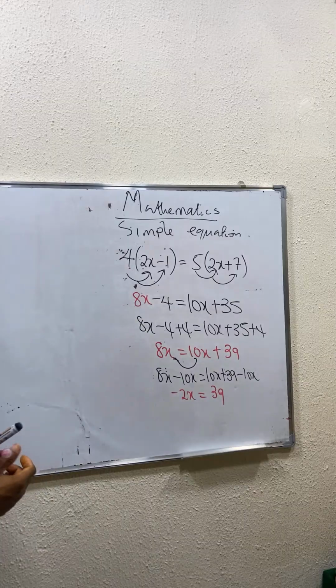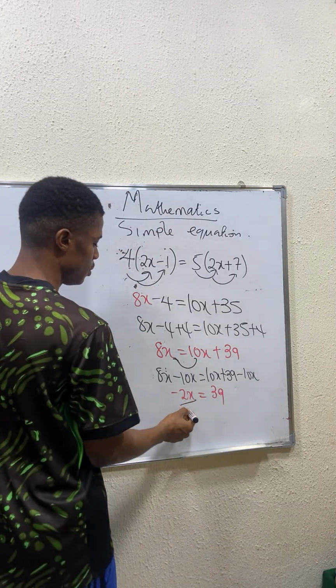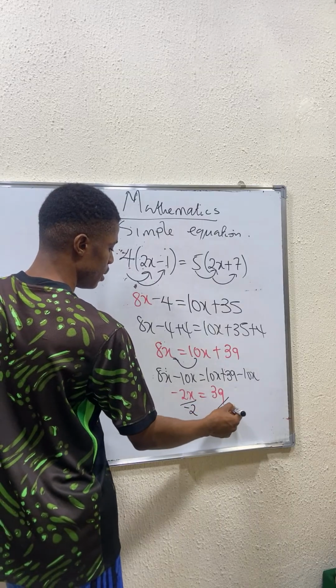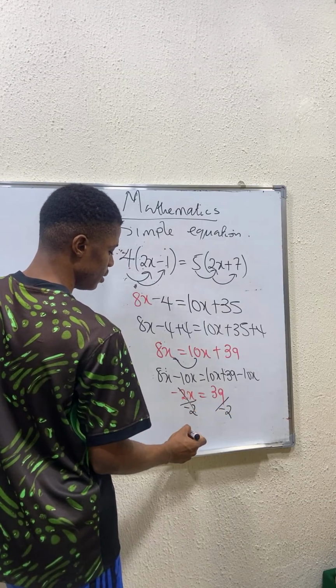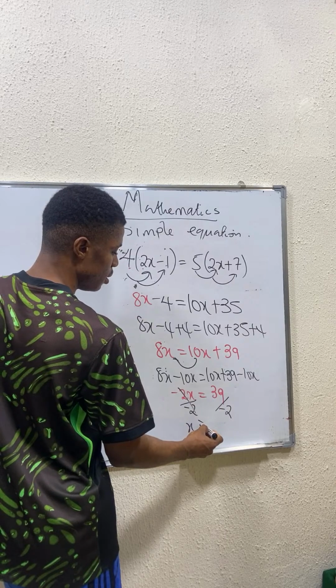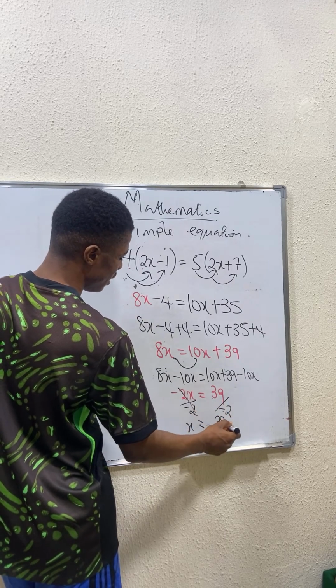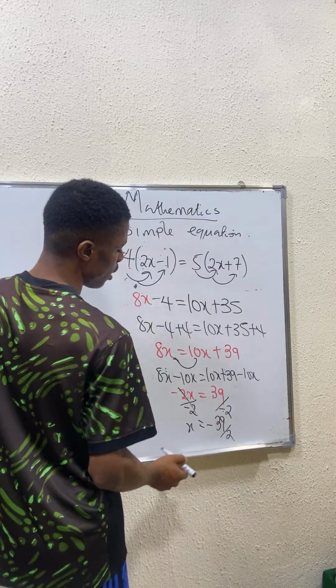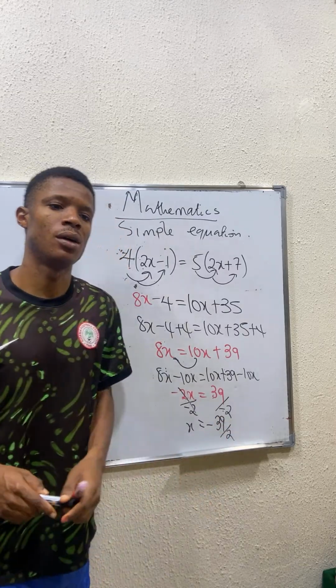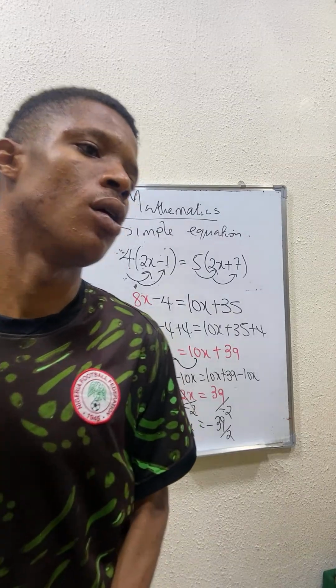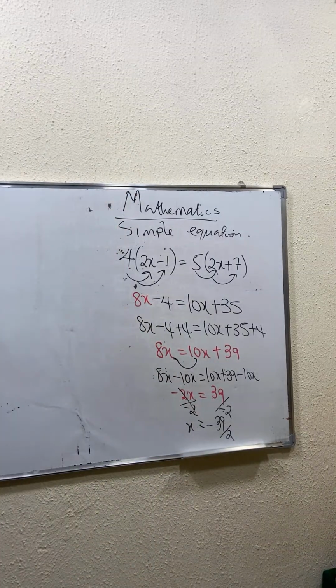All you have to do is divide through by minus 2. You see that x is equal to minus 39 divided by 2. So that's how we solve simple equations. It's very, very easy. Write it and let me know.